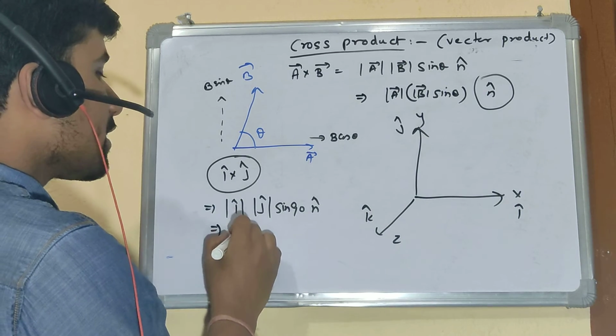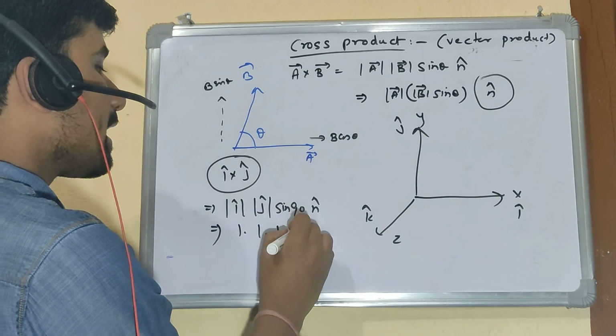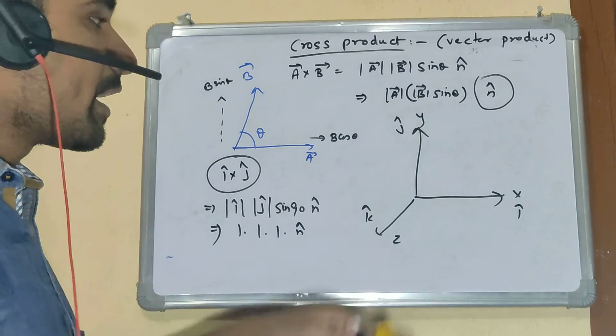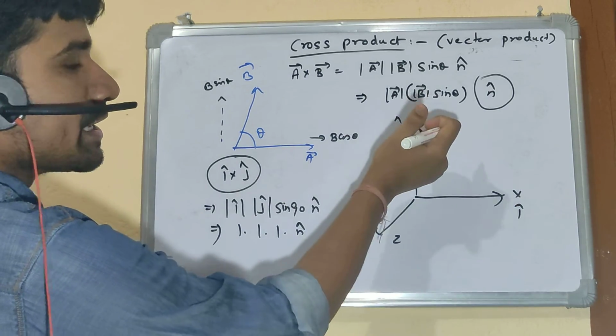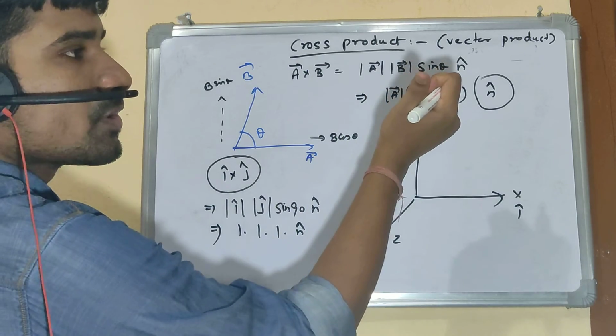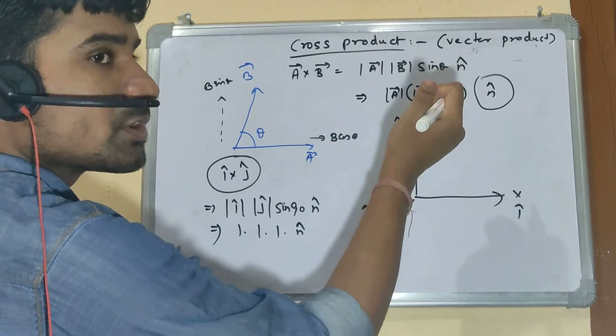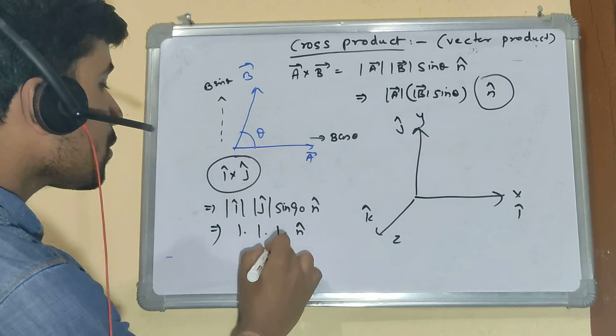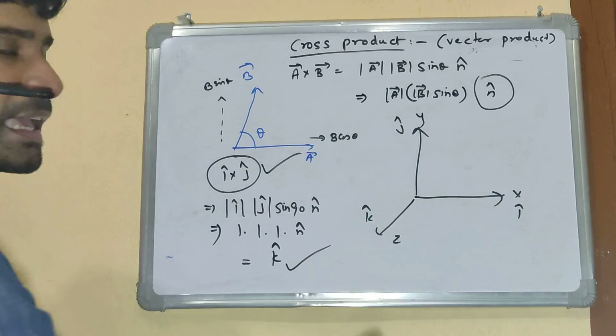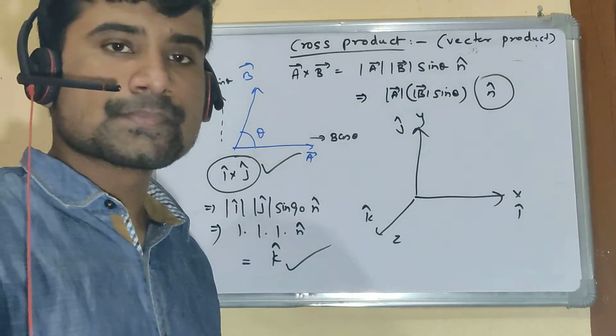So mod of i is 1, mod of j is 1, sine 90 is 1, n cap. What is the direction of n cap here? We take our hand along i and curl it toward y. So the thumb gives the direction of n cap, which is pointing towards the positive z axis, which is k cap. So i cross j is nothing but k cap, right? Clear?